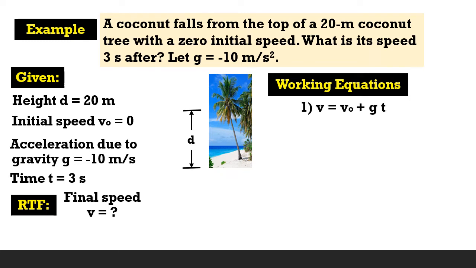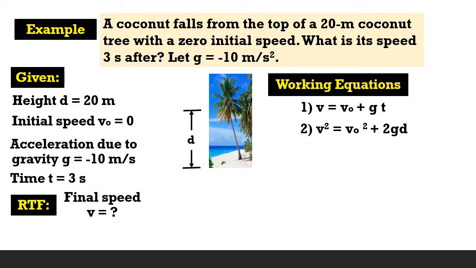Equation 1 says the final speed v is equal to the initial speed v naught plus the product of acceleration g and the time t. Also, we have equation 2, which tells us that the square of the final speed, or v squared, is equal to the initial speed squared plus the product of twice the acceleration g and the displacement d.